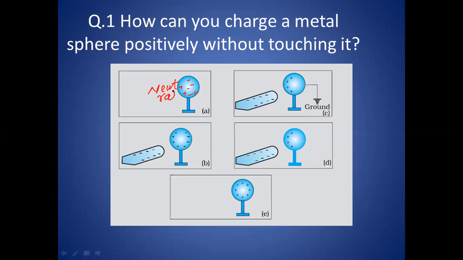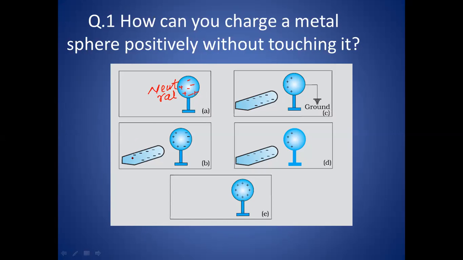Neutral means no net charge. So there is no charge on this sphere because positive and negative are equal. Positive charges are the protons present in the nucleus and electrons are moving outside. So net charge is 0 in this case.